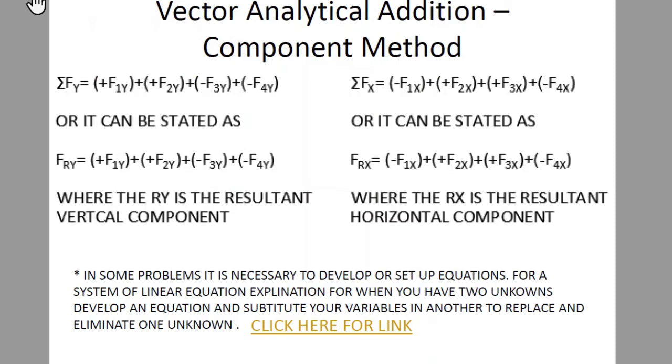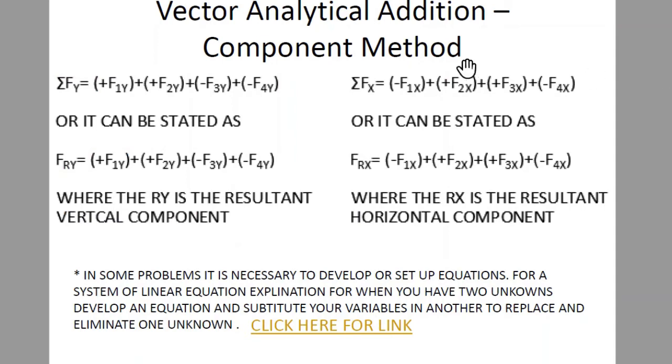Looking at the vector analytical addition and component method, we can see how the sum of Fy would be the accumulated sum of all the Fy components of different forces. It can also be stated as the resultant Ry is equal to the sum of all the forces' y components, where Ry is the resultant or vertical component.